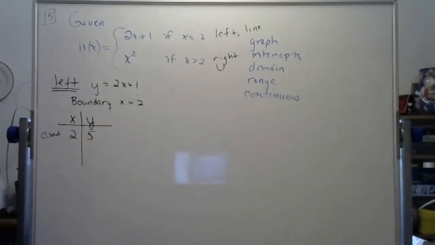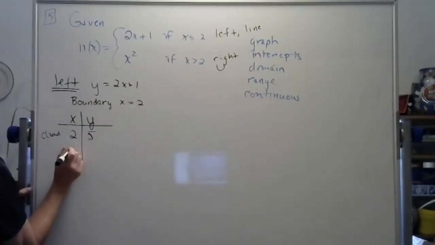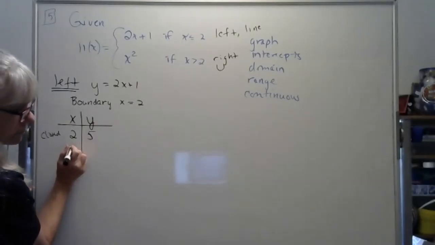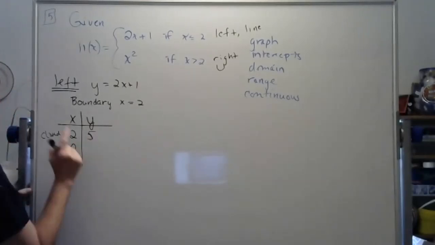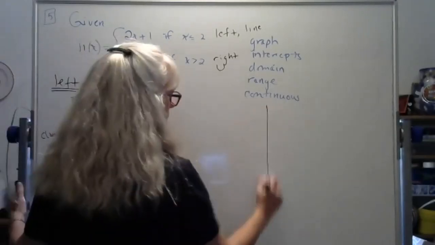But to graph a line, I need 2 points. So we need to pick another value to use. And the key is you need to go to the left of 2. So what other number would you like to plug in? 0. 0 is good. So 2 times 0 is 0 plus 1 is 1. Okay. So I'm going to go graph that.